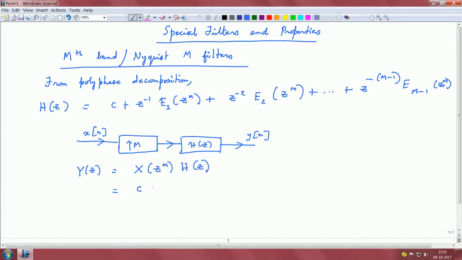This is c times x of z power m plus summation L equals 1 to m minus 1 z power minus L E L of z power m times x of z power m.